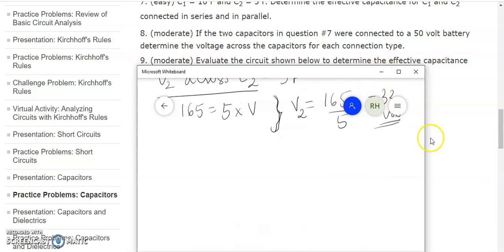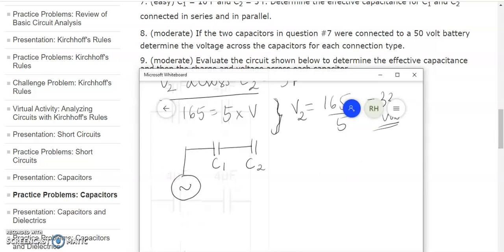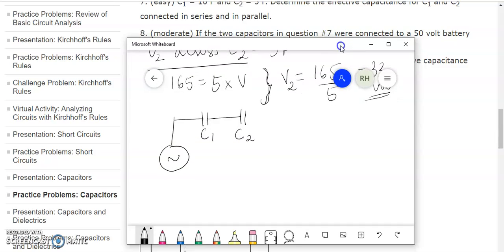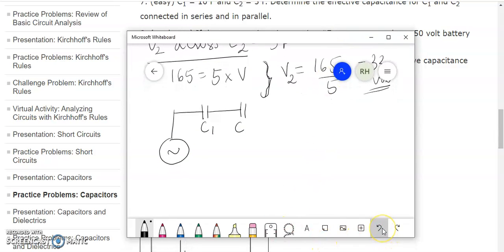So if you're drawing the diagram, it's going to be like this. So this is your capacitor 1, and this is your capacitor 2. I think I should draw it. Okay, I think I should just write it on top so you get more space.